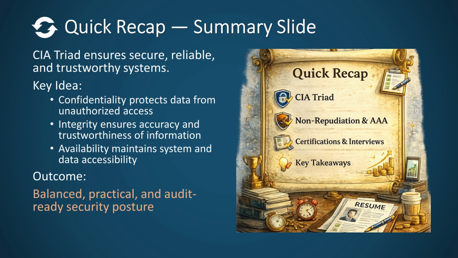Let's take a moment to recap everything we've covered in this episode. The CIA Triad, confidentiality, integrity, and availability, is the foundation of cybersecurity. These three pillars don't work in isolation. They come together to ensure that information systems are secure, reliable, and trustworthy. Confidentiality is about protecting sensitive data from unauthorized access.